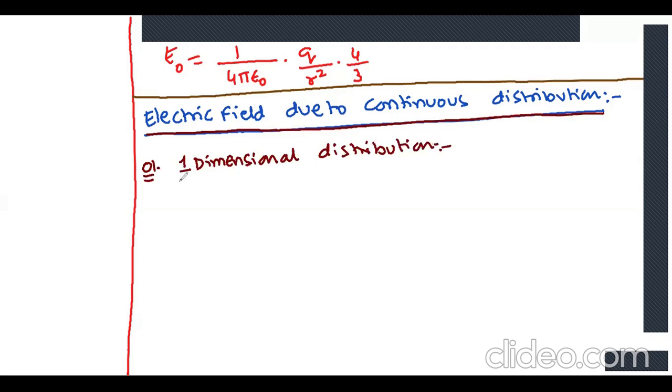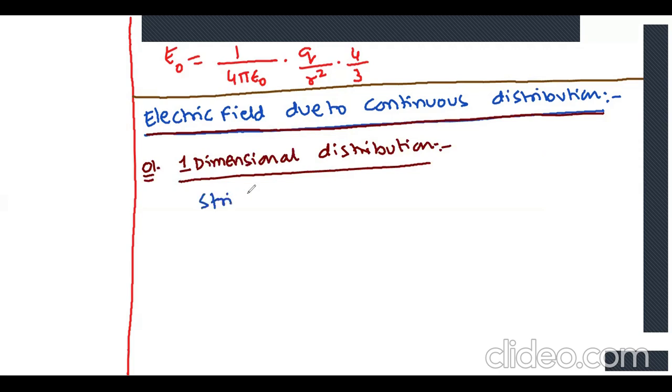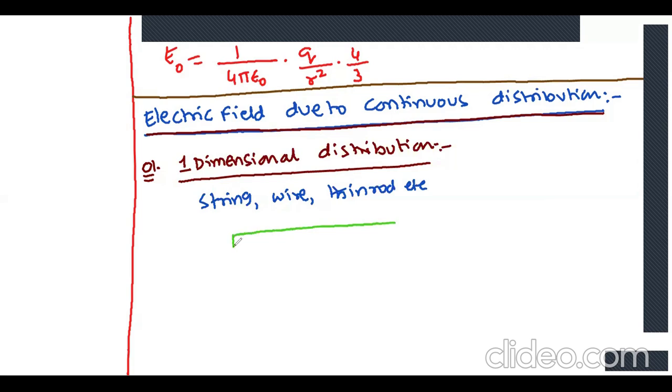In this one-dimensional distribution, let us consider examples like string, wire, thin rod. In all these objects, suppose I am considering a thin rod. Thin rod means it is having a length. The width of the thin rod is very small, negligibly small.